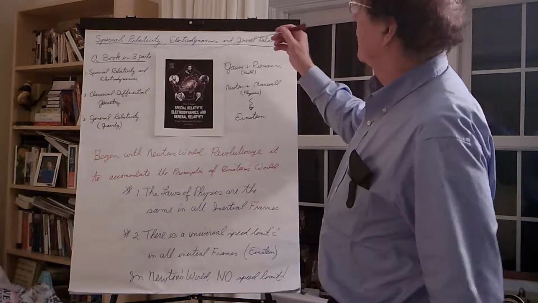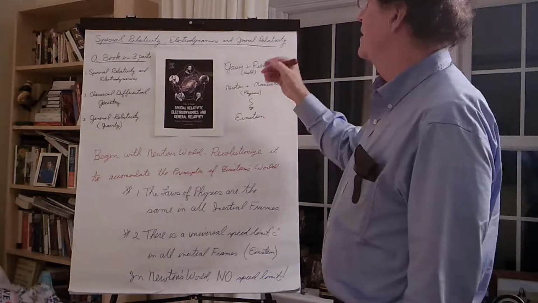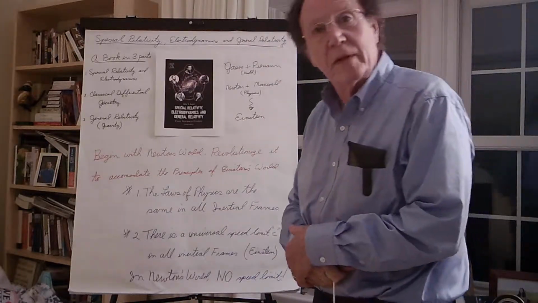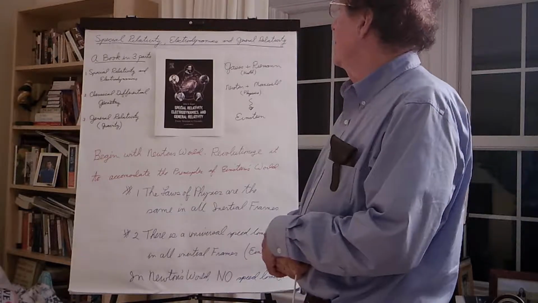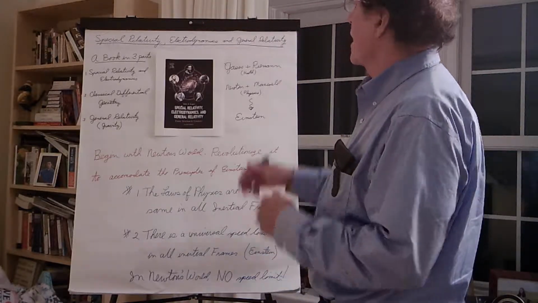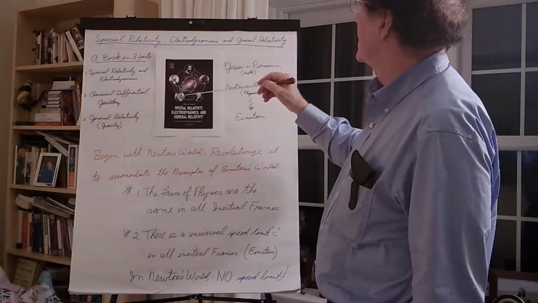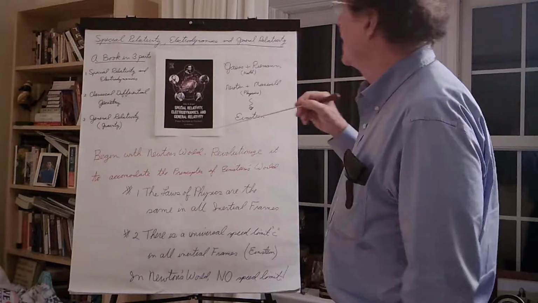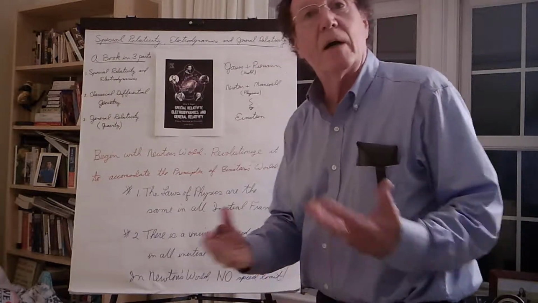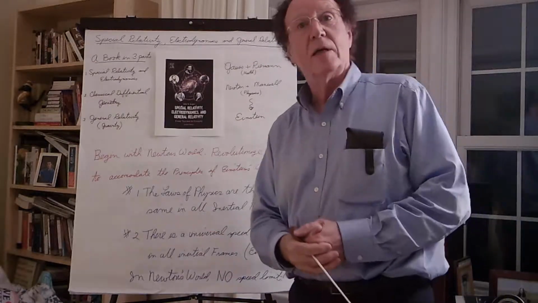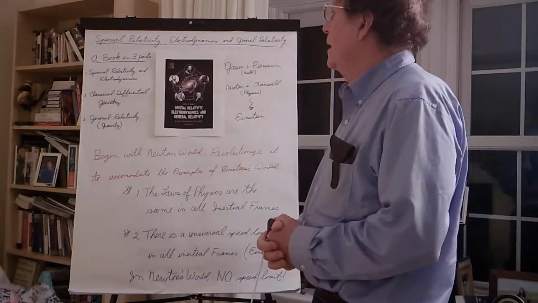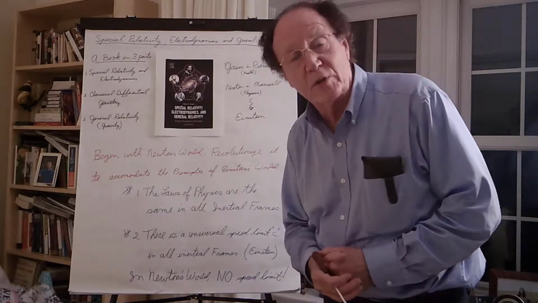Now, on the cover of the book, you see a pentagon of 5 very familiar figures in physics and mathematics. On the left-hand side, you see Carl Friedrich Gauss and his student, Riemann. Remember that among the many things that Gauss did in mathematics, he invented classical differential geometry.